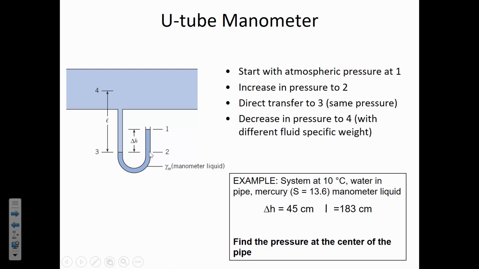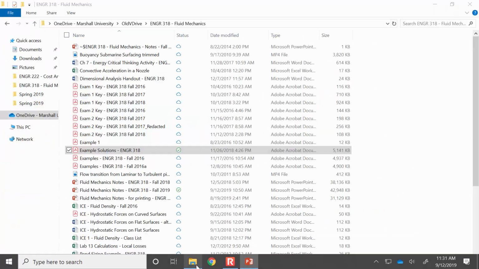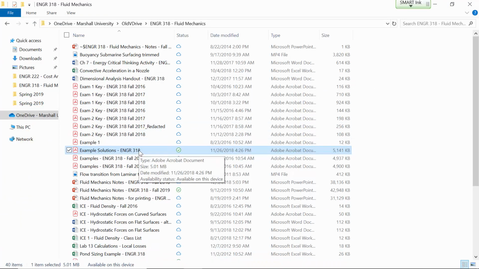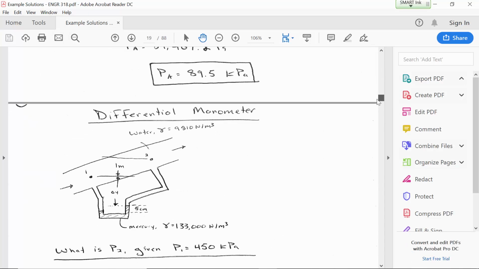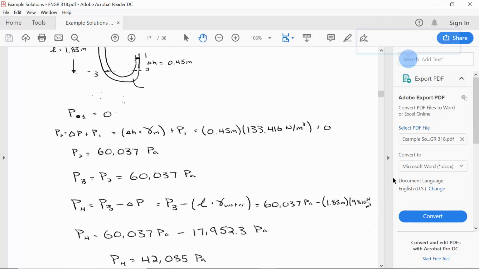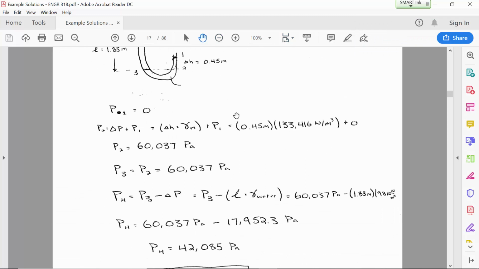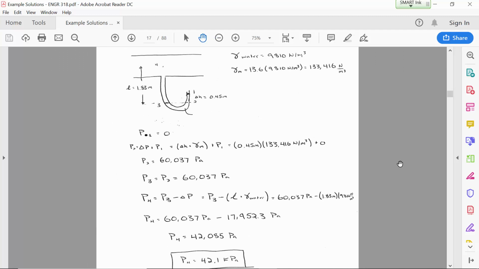So in the end, our overall pressure at 4, let me just bring the solution up on the screen for the benefit of anyone who may go back through this later. All right, here it is. .1 kilopascals.